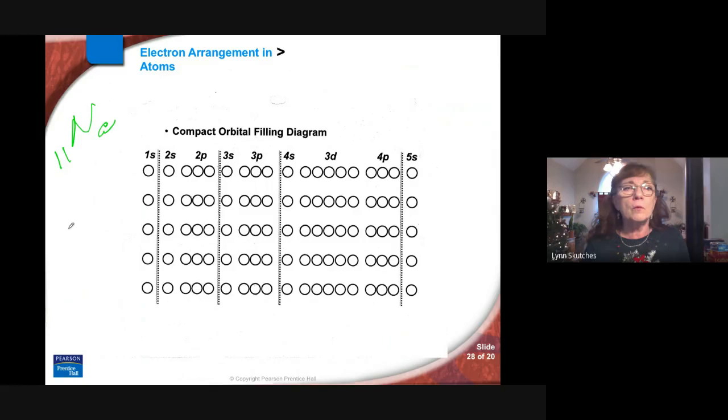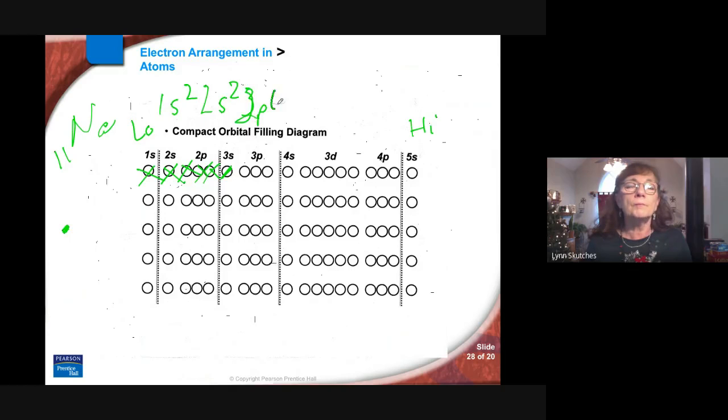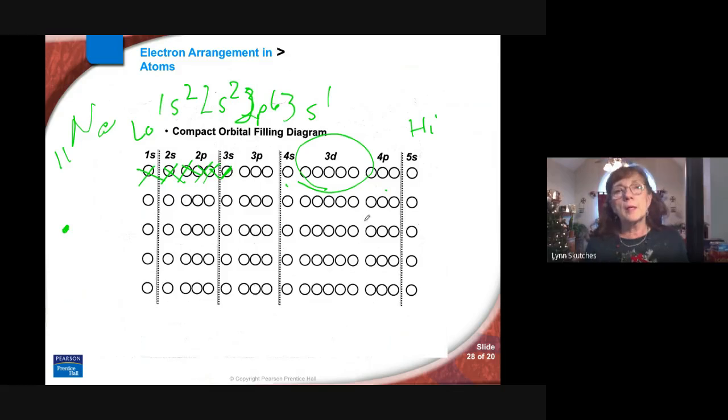So you would imagine the nucleus here. This is the low energy. This is the high energy. 1s has 2, 2s has 2, 2p's have 6, 3s has 1. So this is already in order to make it easy until you get the hang of it. And notice here's the 3d in between the 4s and the 4p, just like the periodic table.